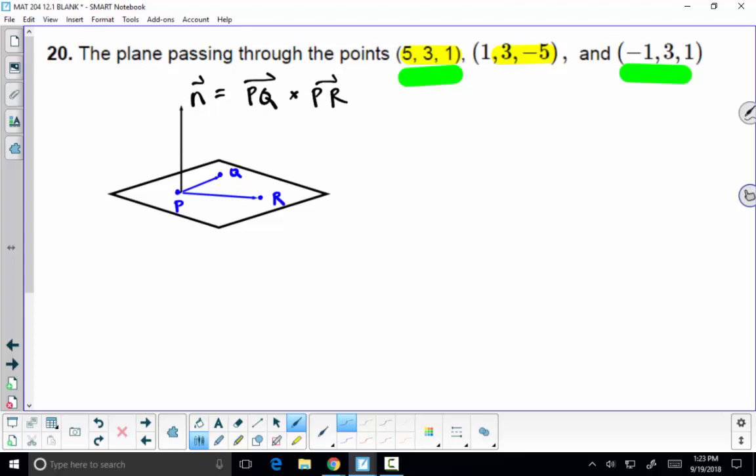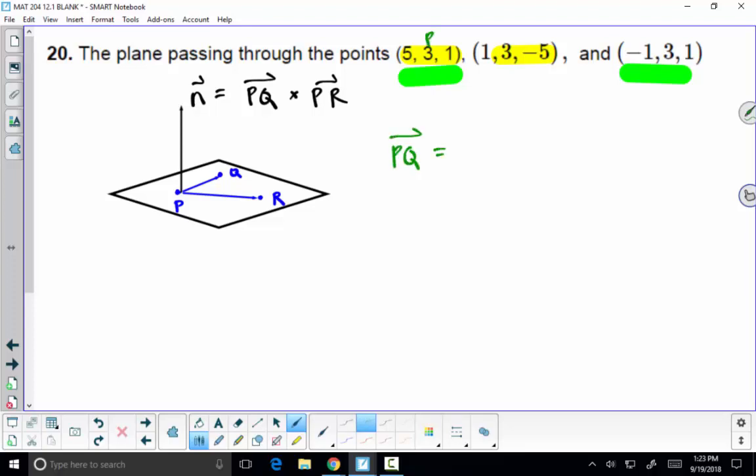Nope. It could be pointing up, pointing down, does not matter. The only difference that shows up is if the first component of n is negative, then your a will be negative in the leading coefficient, so then we would divide by -1 to make it positive. So it won't matter. Lots of flexibility here. So let's first form PQ.